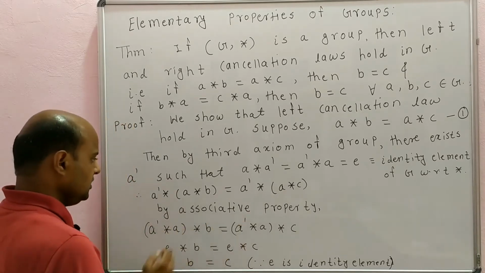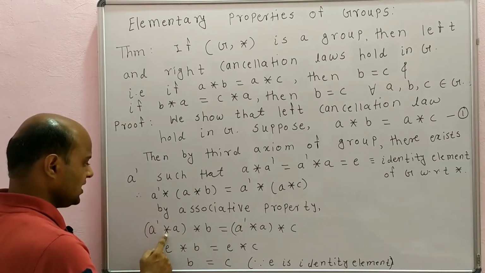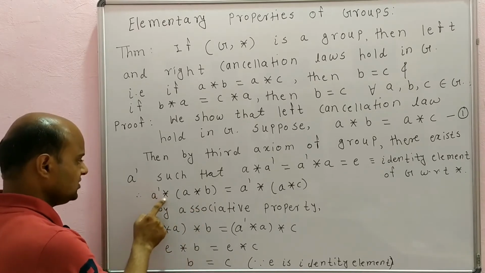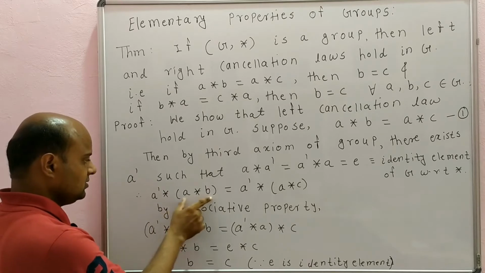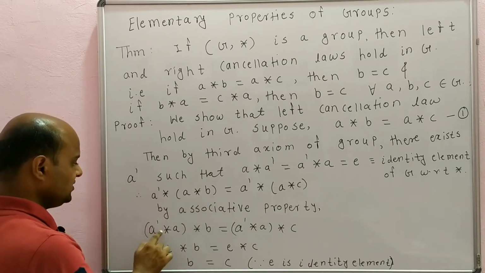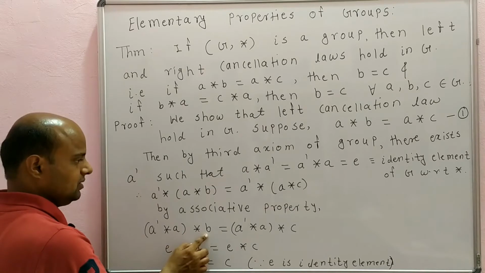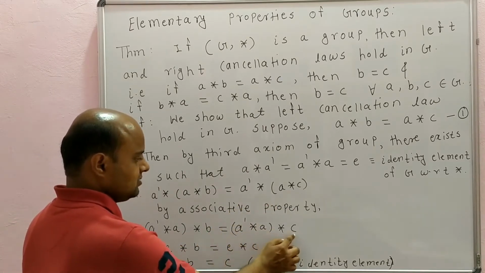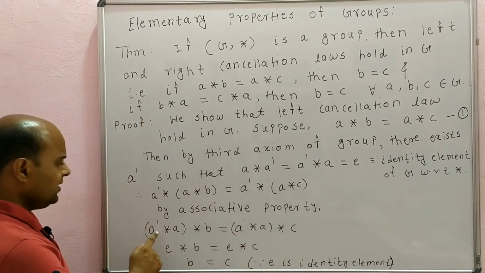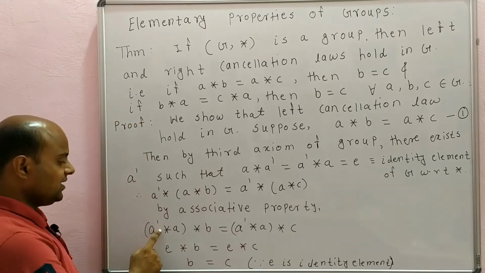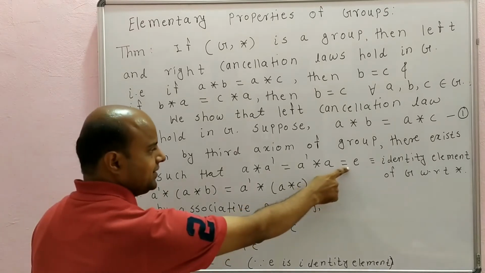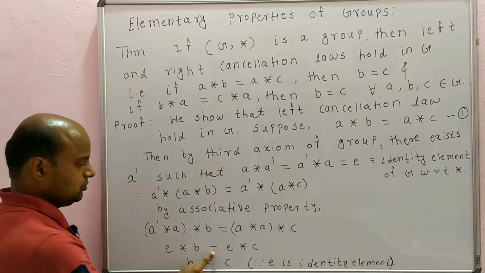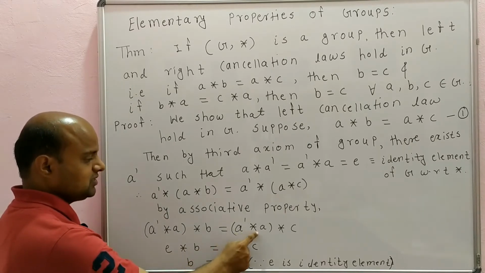By the associative property we get A dash star A, then star B, on the left, and A dash star A, then star C, on the right. And A dash star A is the identity element. Therefore we write E star B is equal to E star C, since A dash star A is E.